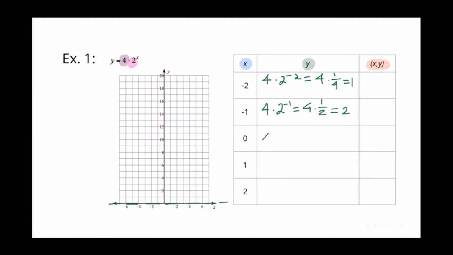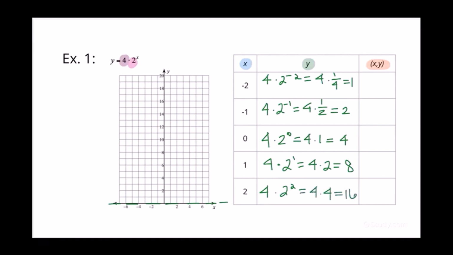We plug in 0, we have 4 times 2 to the 0, which is 4 times 1, which is 4. We plug in 1, we have 4 times 2 to the first power, which is 4 times 2, which is 8. And if we plug in 2, we have 4 times 2 squared, which is 4 times 4, which is 16.